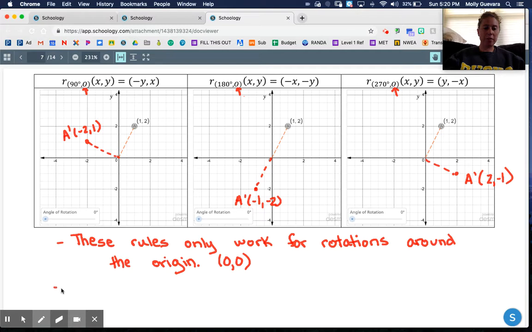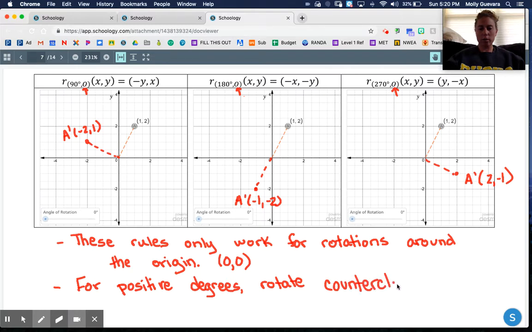And then I want to write this again just to make it super clear. For positive degrees, we rotate counterclockwise.